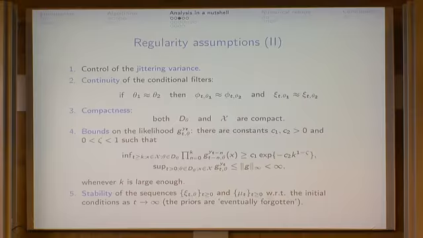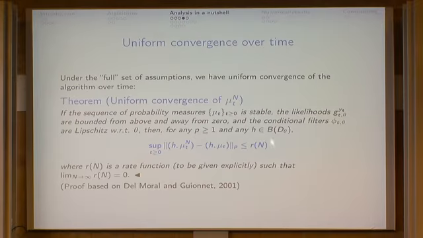If you impose these assumptions, so continuity, and, well, I didn't say it, compactness of the parameter space and the state space. I have assumed compactness of the parameter space from the very beginning. Now I'm introducing compactness of the state space. This was not needed for the previous set of results, but it is needed now to have uniform convergence. Then you have a result of this sort.